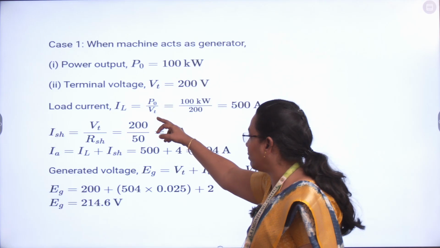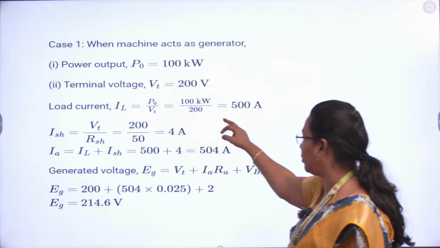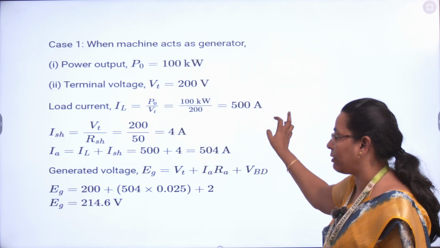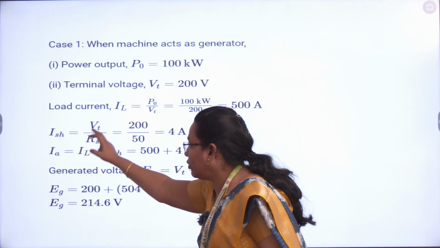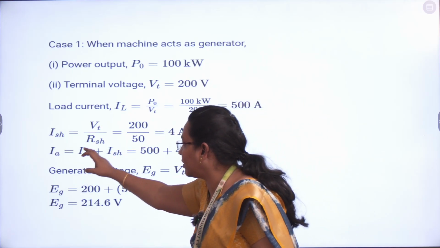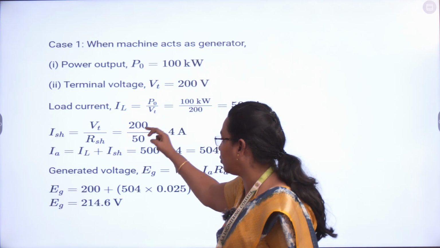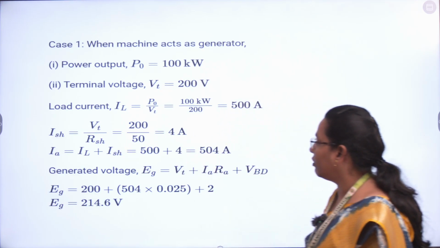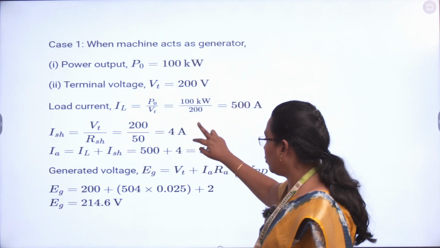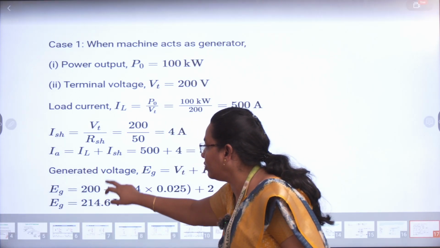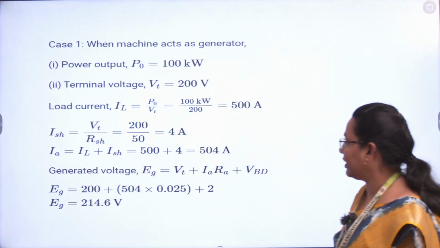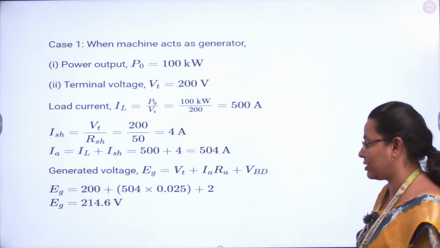So output power divided by voltage, 100 kilowatt divided by 200 equal to 500 amps. Next, the ISH current, I equal to V by R, so ISH is equal to V by RSH, 200 divided by 50 equal to 4 amps. From the two data, we calculate the armature current, IA equal to IL plus ISH, so we get 504 amps.